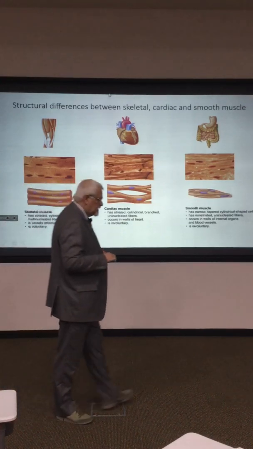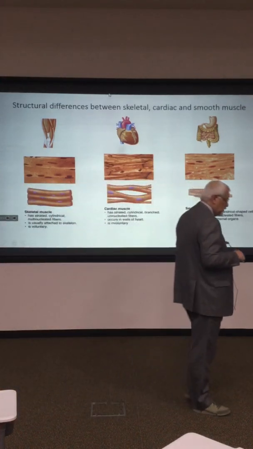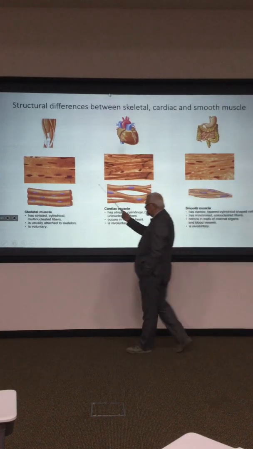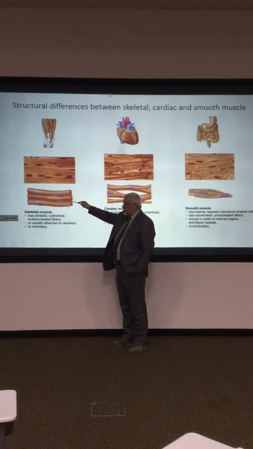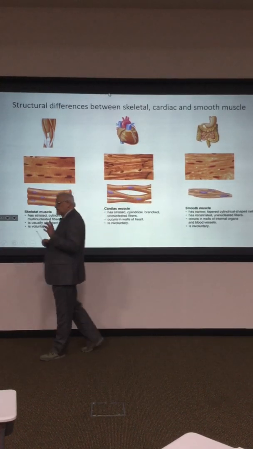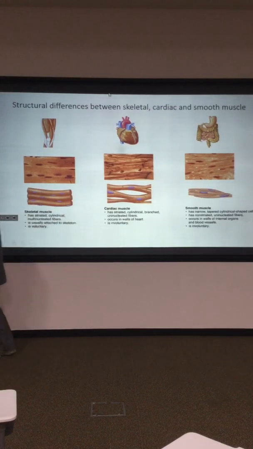Okay, so here's what we are going to talk about. You already learned about skeletal muscle, and you learned about structure, that these muscles show a striation pattern. They have cross striations across the cells, and these are due to what?